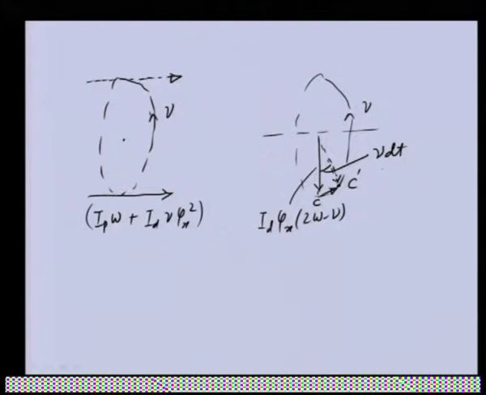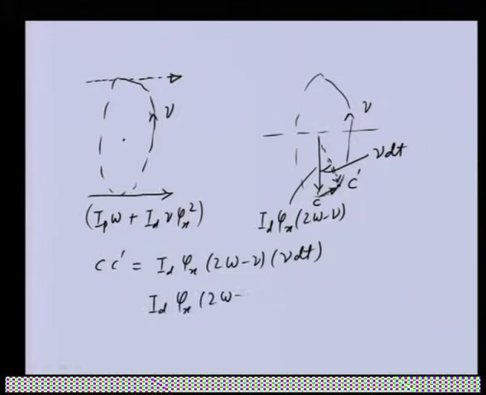So, you can see the change in the angular momentum, which is CC prime, will be given as Id phi x (2 omega minus nu) into this angle nu dt. So, this is the change in angular momentum, and the time rate of change of angular momentum we can get if we divide this expression by delta t. So, that will be this.